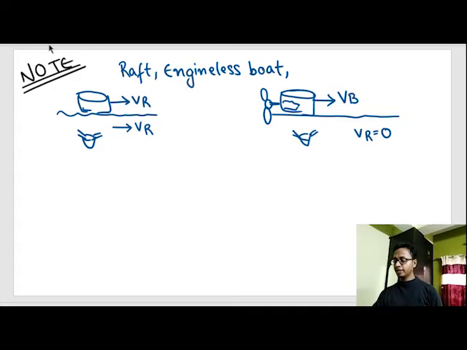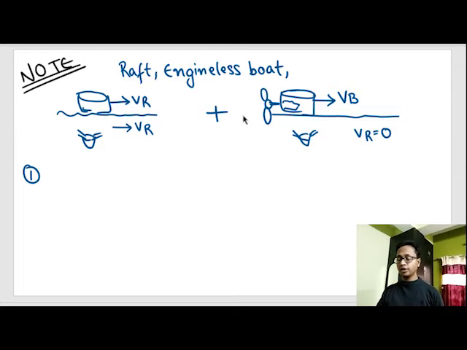In your examination, either this case or this case doesn't come; the combination of these two cases comes. The question is set in such a way that the combination of these two things is given. So how do you measure them?